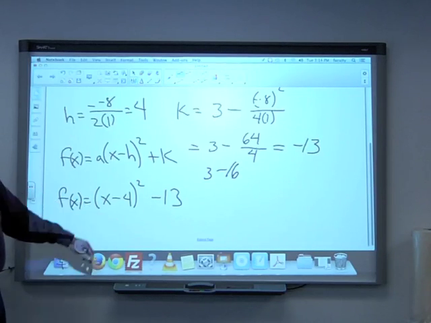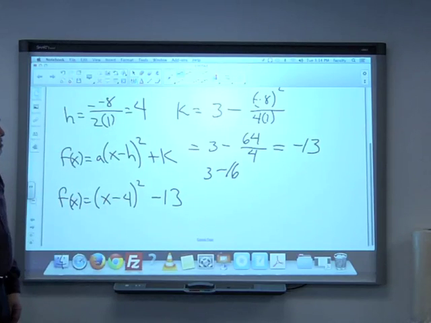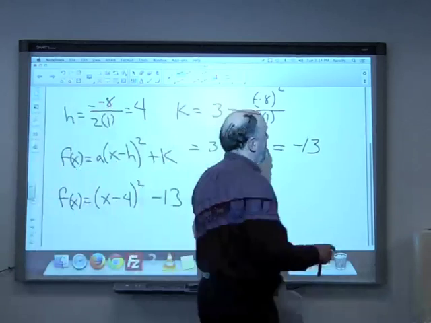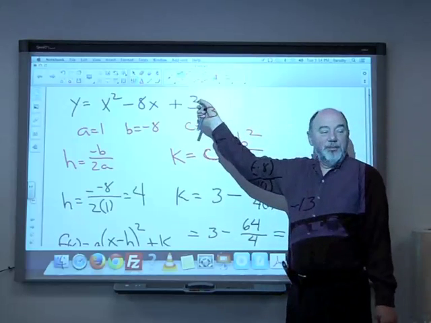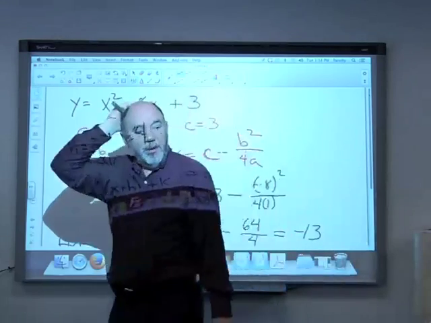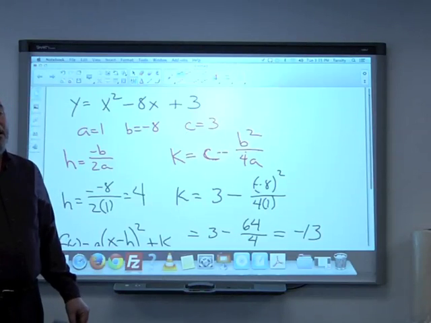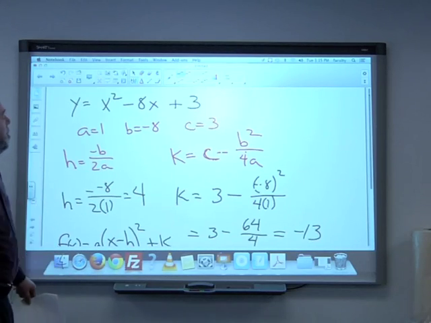This is an equation that will give me a graph. So, given an equation in standard form, you ought to be able to rearrange it into the other form. And what's that form called again? It's vertex form. So the vertex would be 4, negative 13.